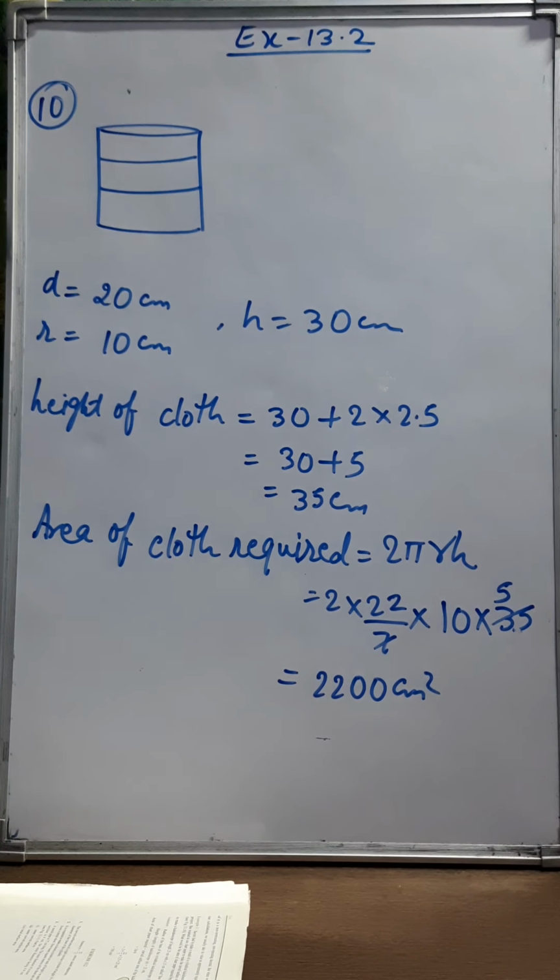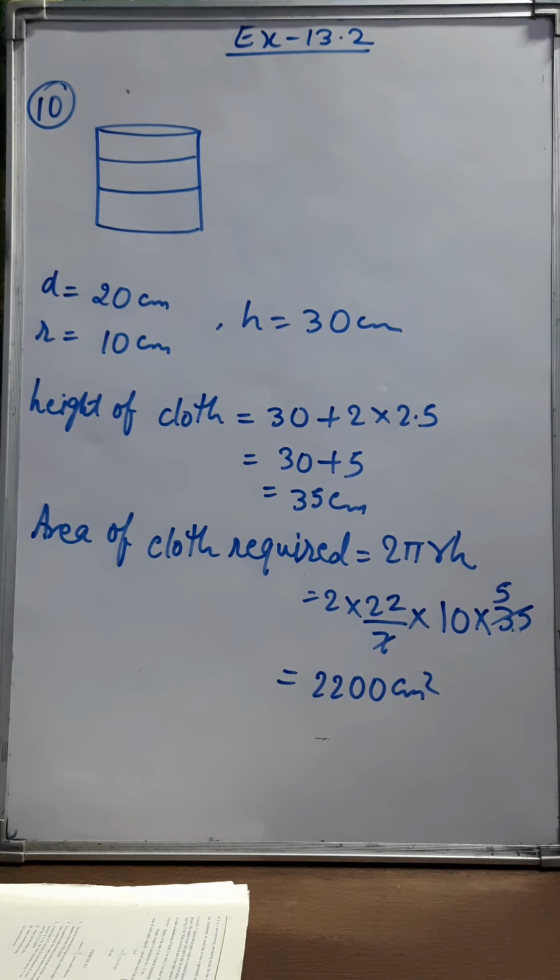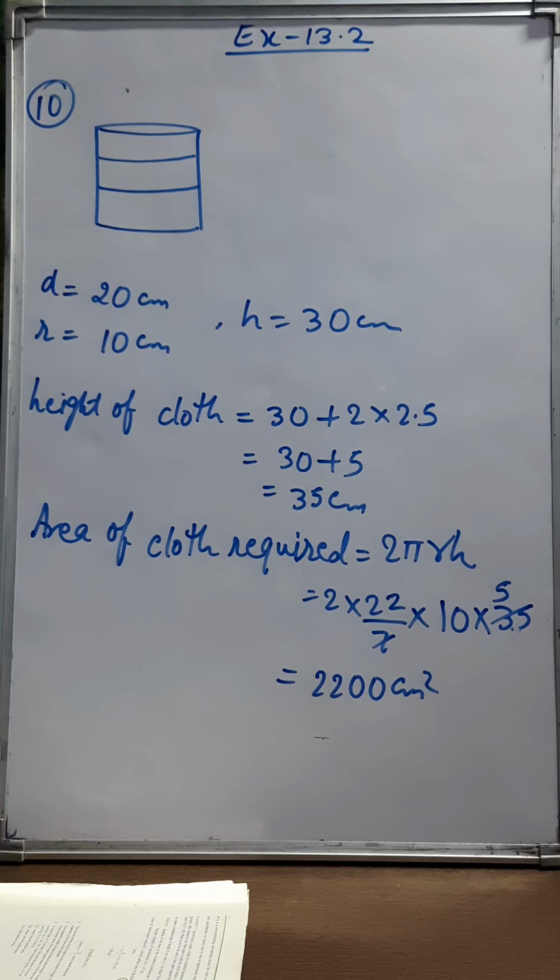See students, question number 10, which says that in figure 13.2 you see the frame of a lampshade. It is to be covered with a decorative cloth. The frame has a base diameter of 20 cm and height of 30 cm. A margin of 2.5 cm is to be given for folding it over the top and bottom of the frame. Find how much cloth is required for covering the lampshade.